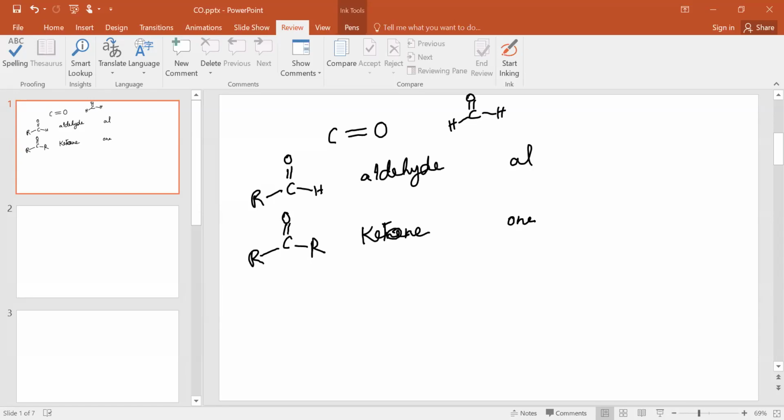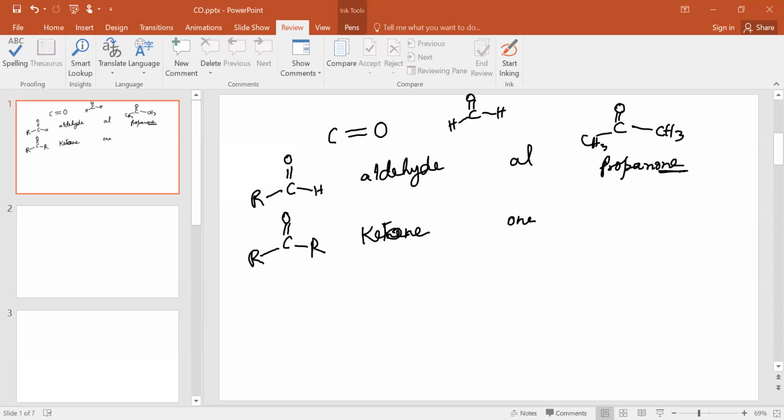You need at least three carbons to make a ketone. Generally this molecule is known as acetone, a very common compound. But the three-carbon alkane is propane, so from propane this will be called propanone. It ends with O-N-E.